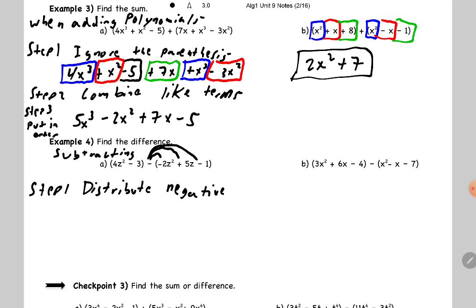So what's going to happen is the 4z squared, so this is the thing on the left in parentheses, and then this minus sign is now going to become plus.